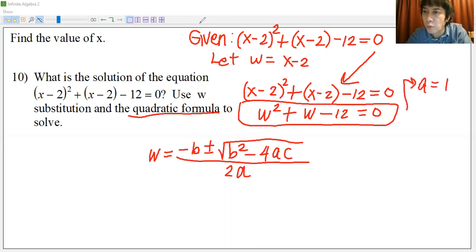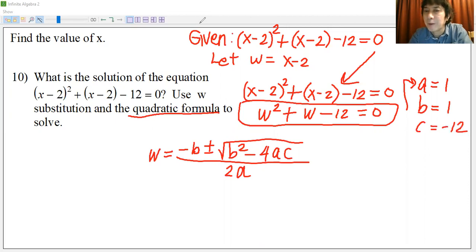A is 1, the numerical coefficient of W². The middle term W has a coefficient of positive 1, and we will call that B. And of course, the constant is negative 12.